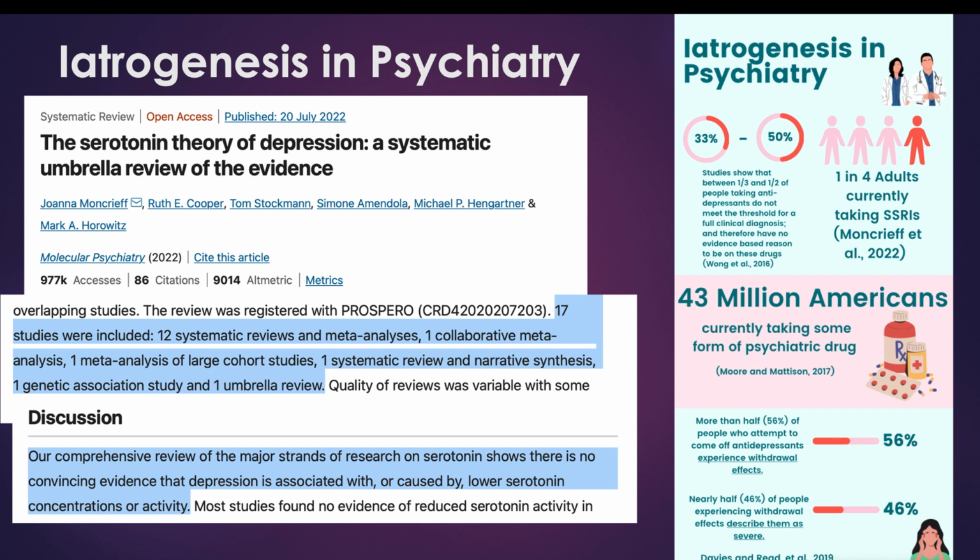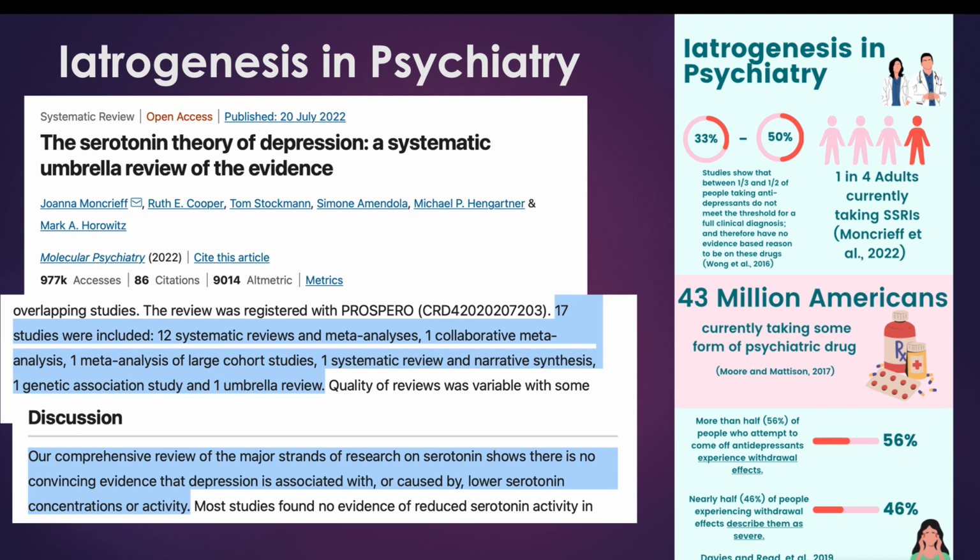Well, no. They don't have any direct association with depression, but serotonin is a key neurotransmitter involved in the regulation of mood. That's not disputable. It just doesn't have any direct correlation with what we regard as clinical depression.